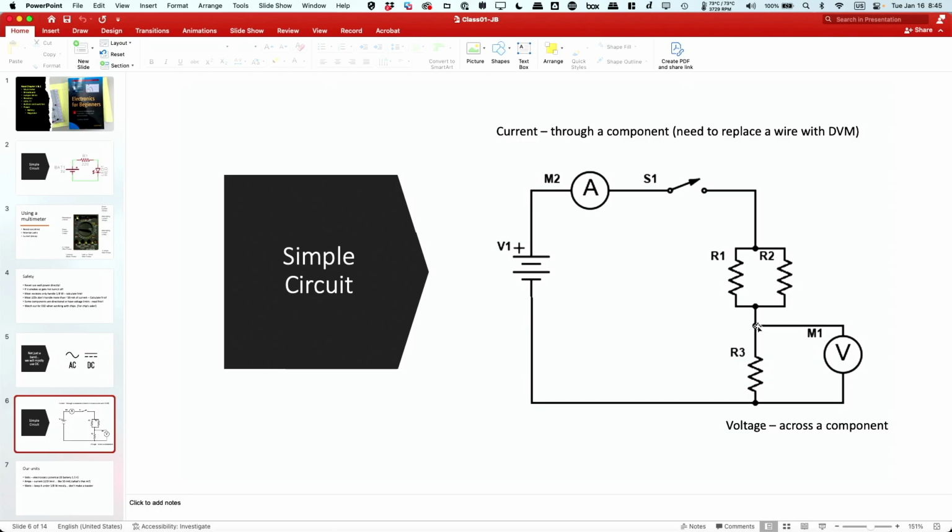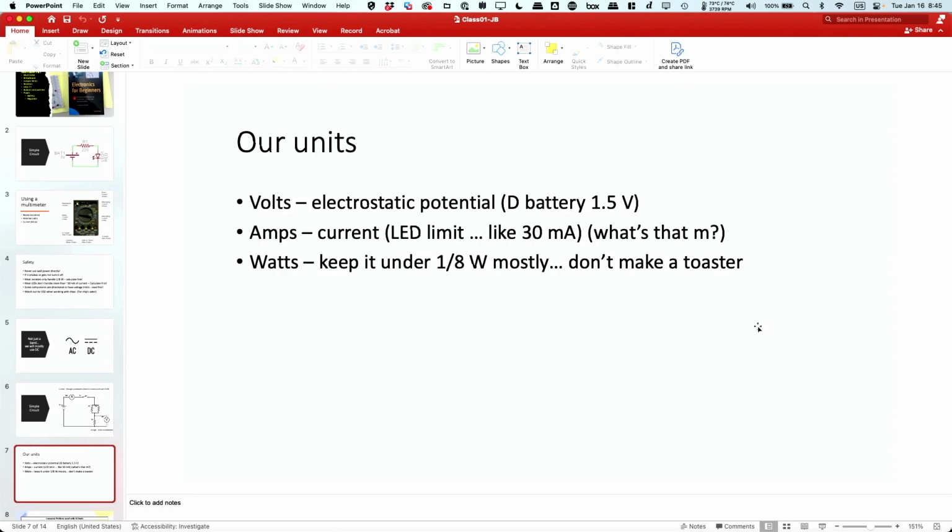So the first chapter of the book talks a lot about units and safety, and so we'll talk a little about units here. Our typical units for electric circuits are going to be volts, amps, and watts. A volt is a measure of the amount of energy required to move a certain amount of charge from one end to the other. Typical D-cell batteries are 1.5 volts. The wall is 120 volts RMS AC.